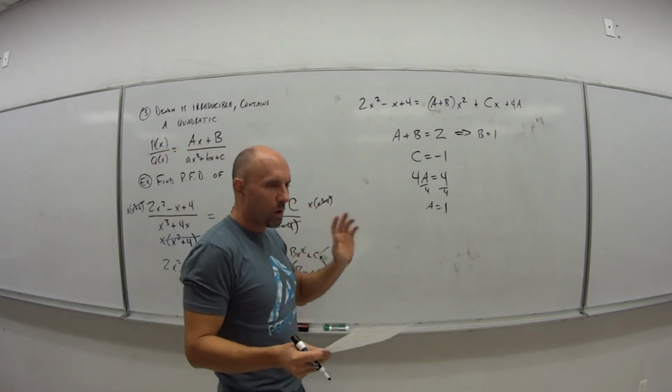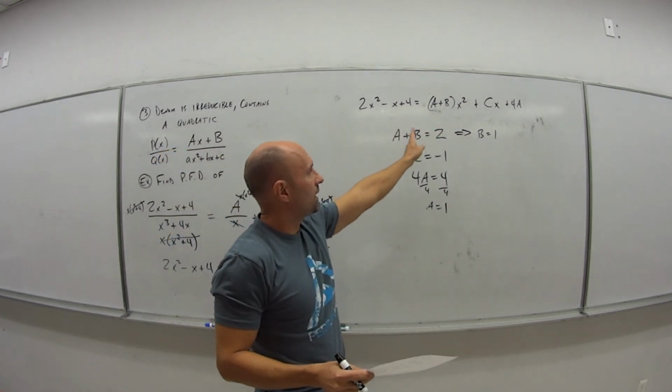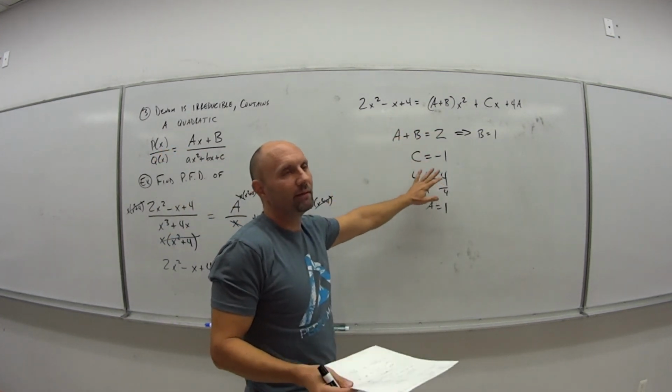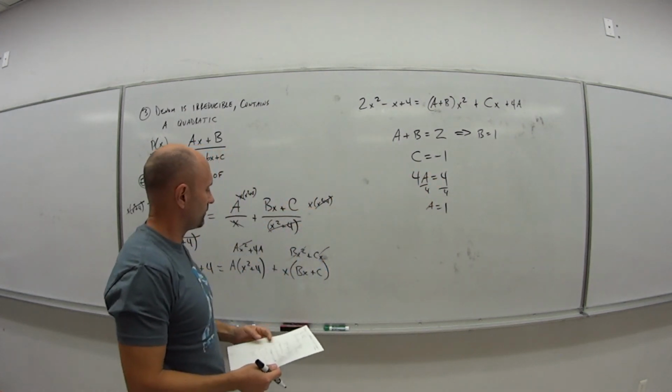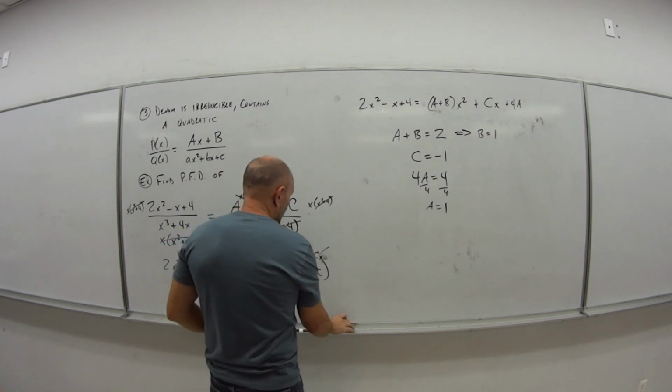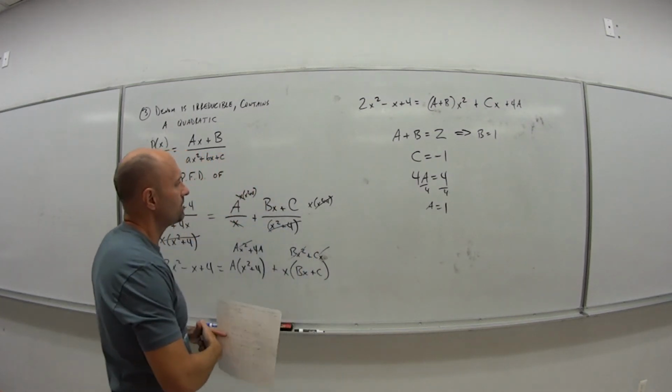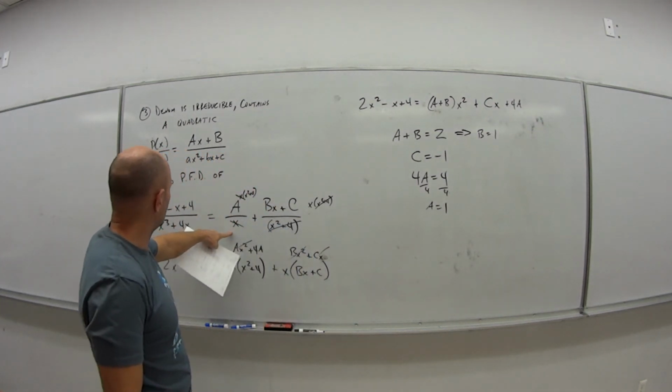So again, hopefully, once you get to that point, the solution is the easier of it. It's really getting the thing set up right to start. So now my answer then, now that I have a, b, and c, just plug it back into where you were.